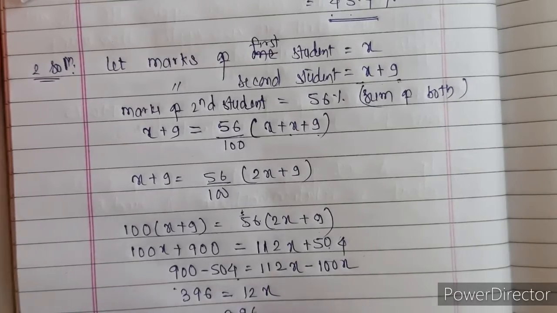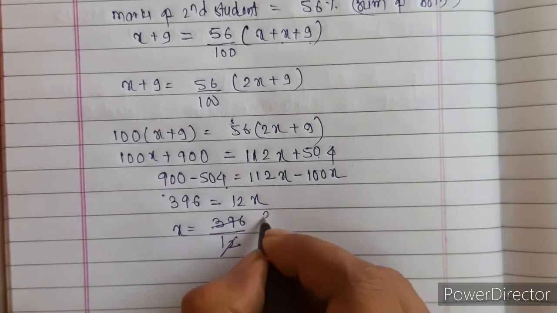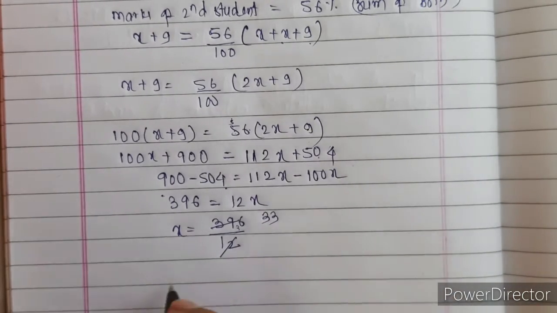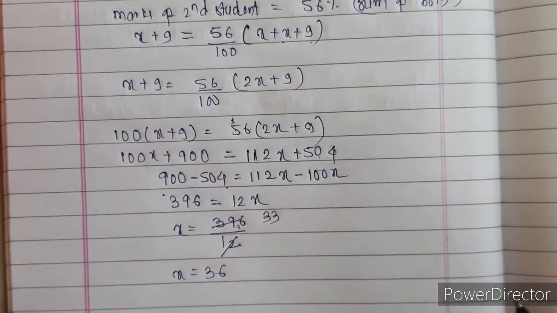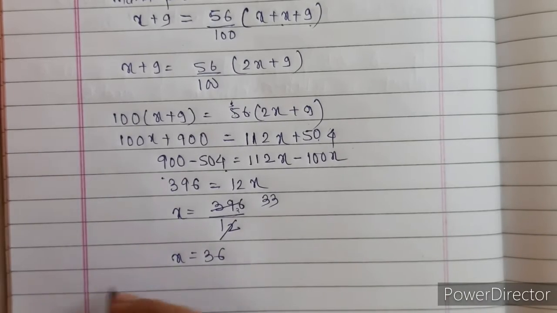What is the value of x? It is 396 by 12. So 3s are 36, 3s are 36. So the value of x in this case is 36. So the marks of the first student is 36.